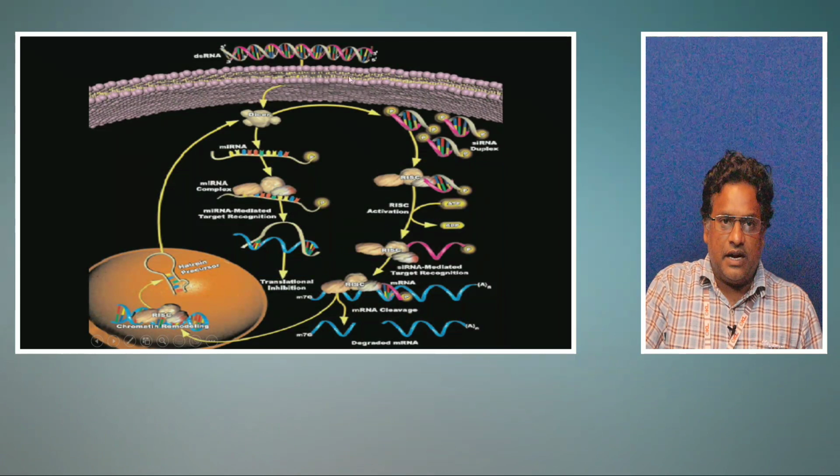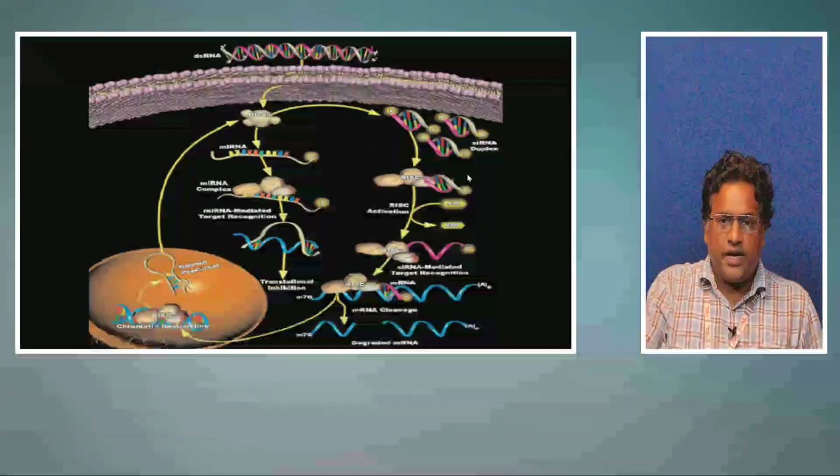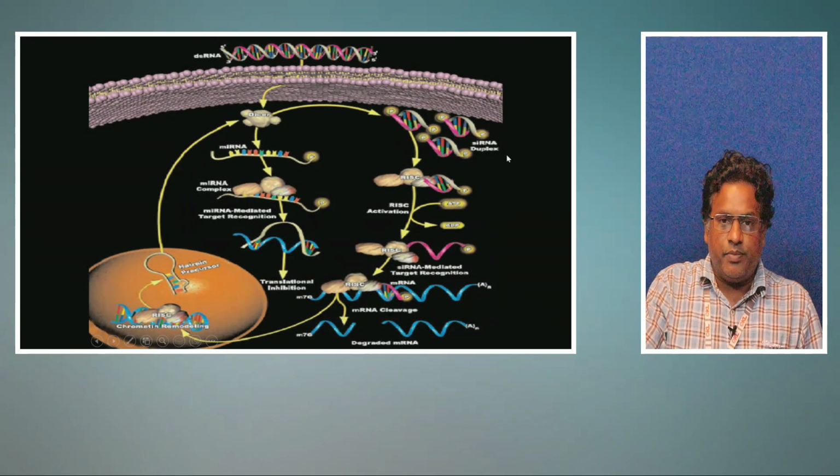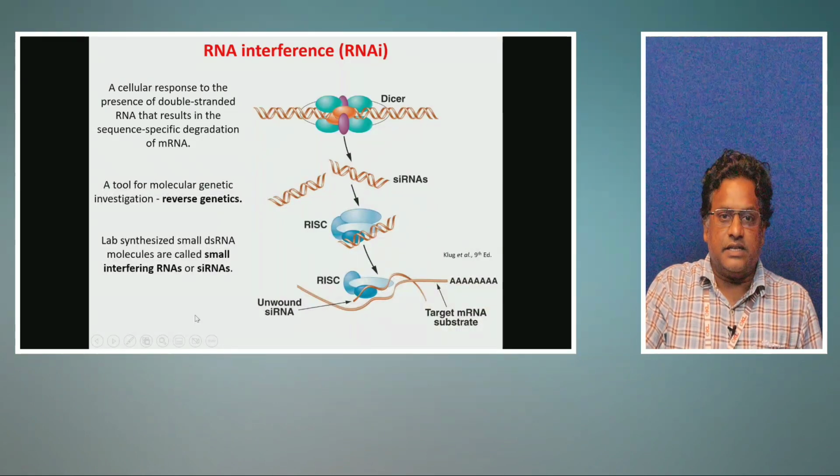So this is the whole mechanism. A double-stranded RNA comes inside with the help of Dicer. It makes a complex along with the RISC complex, targeting small fragments of the RNA. Then a microRNA complex is formed, and through this process the RNA is silenced.